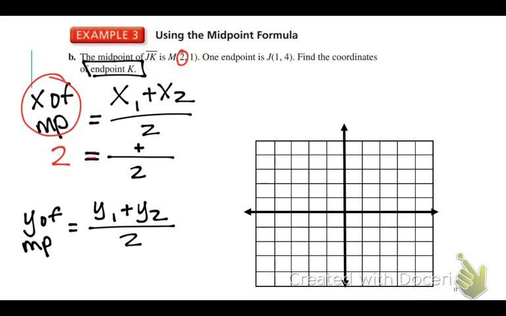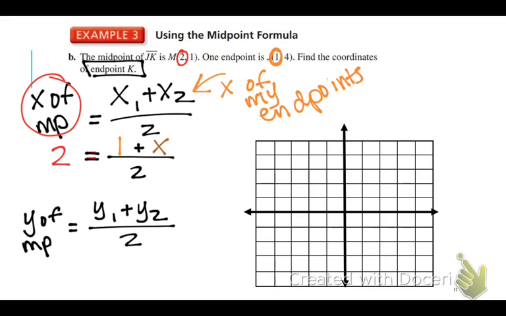Do we have both x's of both endpoints? We have one of them, though. Which one do we have? We have this one. It's an x of one of my endpoints, because remember, x1 and x2 are the x's of my endpoints. So what am I missing from this? My x2. I'm missing my second x.